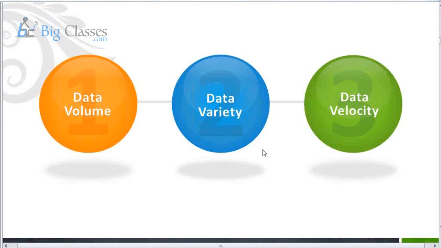You should have a system that can elastically expand to the growing volumes and velocities, and yet be able to take up the variety of data sources. Hadoop is the only popular system that can satisfy the 3 dimensions in the emerging world.